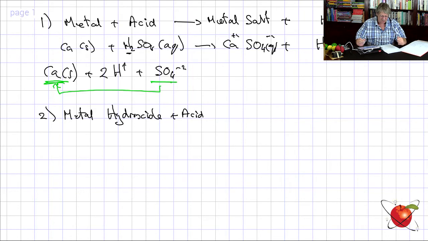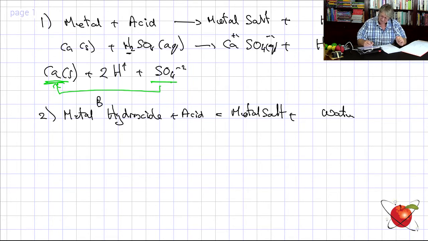What is the metal hydroxide? It's actually a base, isn't it? Plus an acid goes to a metal salt plus water. This metal hydroxide could also be written as a base plus an acid.